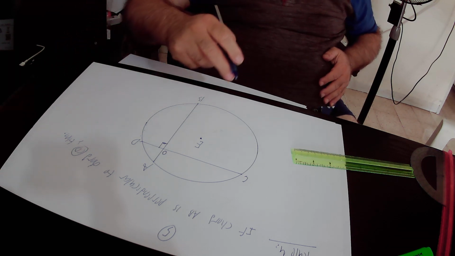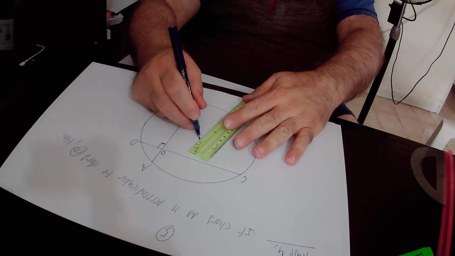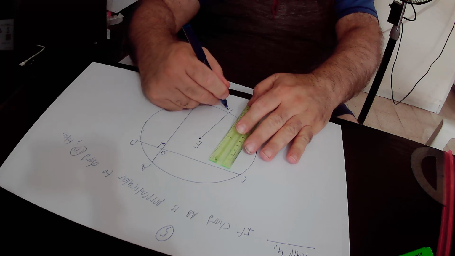We define the radius of this circle as capital R. Here EM equals capital R according to our definition.